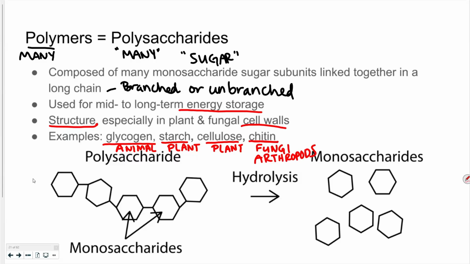We can blame Greek. Okay, so we have all these, let's call these glucose for now. All these glucose molecules that are hooked together in these bonds. We can use our hydrolysis reactions to break them apart into our component monomers.